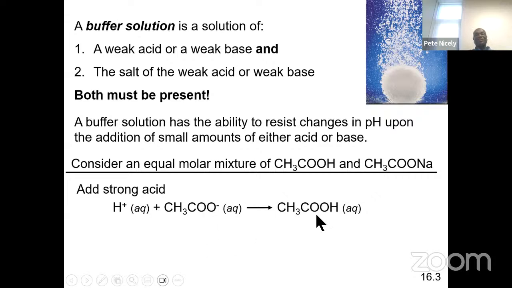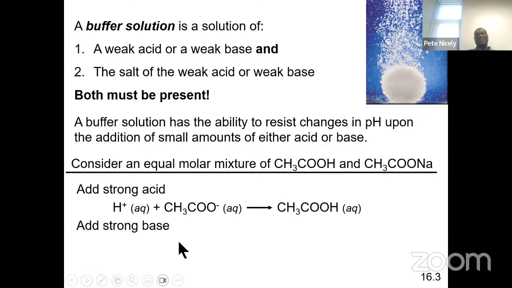So the result would be the formation of a weaker acid, right? So basically what you're doing is converting in this reaction a strong acid to a weaker acid. The weaker acid will not have a profound effect on the pH. So therefore, even though the pH will fall a bit, it will not fall to a large extent, all right?